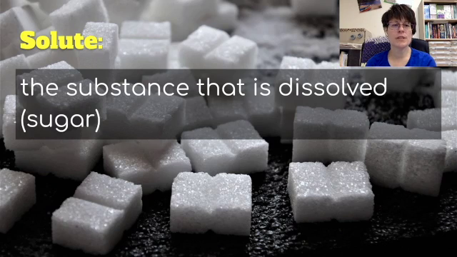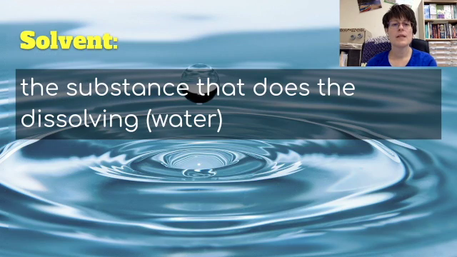Now, in a homogeneous mixture, we have something called the solute. This is the substance that is dissolved. So in our sugar water example, the sugar is the solute. It's the stuff that is dissolved. The solvent is the substance that does the dissolving. In our example, that is water. So in sugar water, the solute is sugar, the solvent is water.